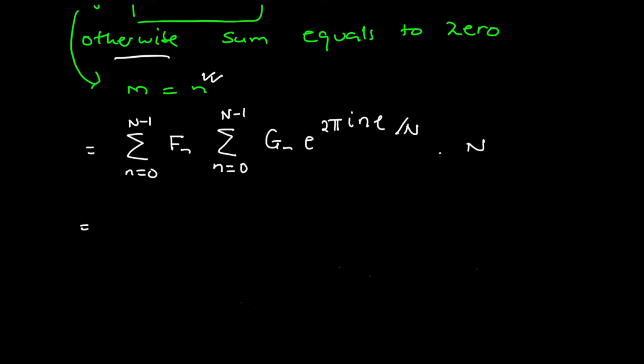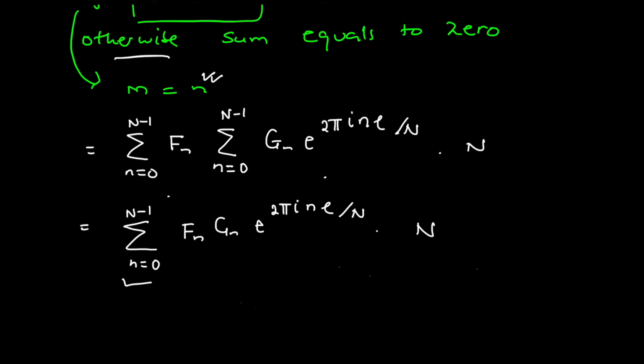Let us simplify further and put these into the same sum: the sum from n equals 0 to n minus 1 of F_n G_n e to the power 2 pi i n l divided by n, multiplied by n.